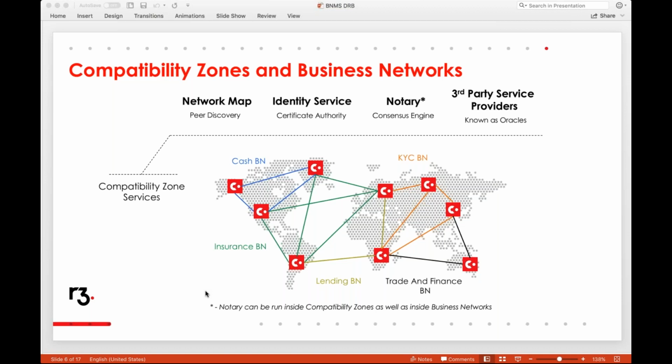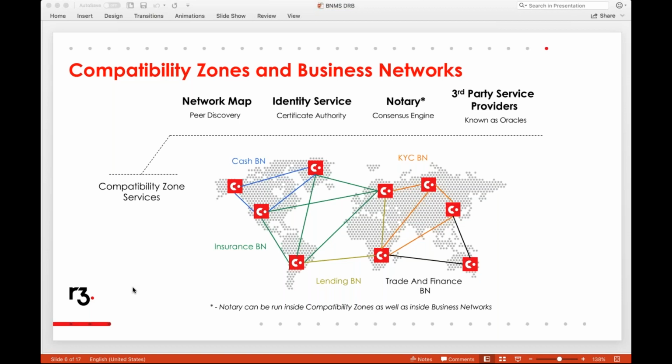So if I get it correctly, the business network is a subset of the compatibility zone. So the pre-requirement is that all these nodes exist within the same compatibility zone, and then based on what core apps they are running, they would be compatible or not, and that would constitute a business network within the compatibility zone. Yes, so all the nodes would have to run within the same compatibility zone.